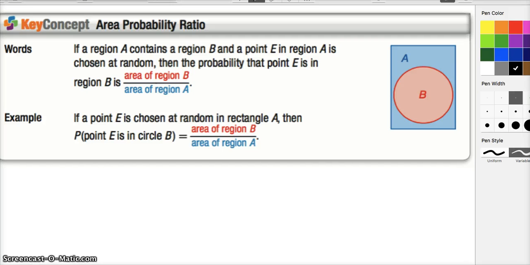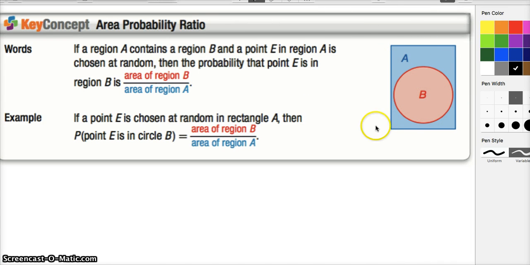As we mentioned earlier, when we talk about geometric probability, we're also talking about 2D or area situations, when you want to talk about the probability of hitting this circular section.